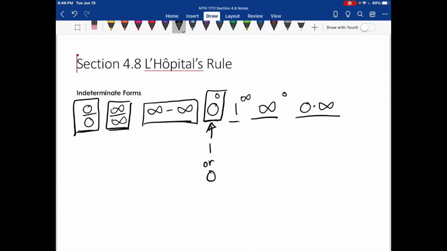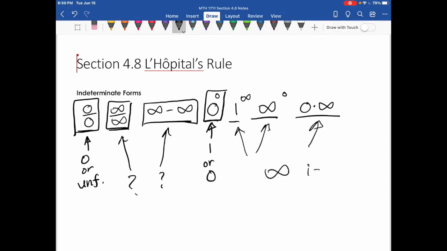So the question is, does this represent 1 or does it represent 0? This one here was, is this 0 or is it undefined? These two here are big question marks because infinity isn't a value that we can calculate. Now I'm making the same argument for all of these. Infinity is not a number, so we can't treat it like a number.